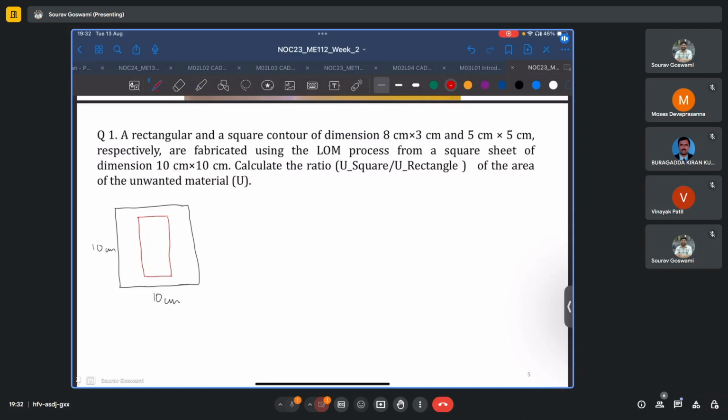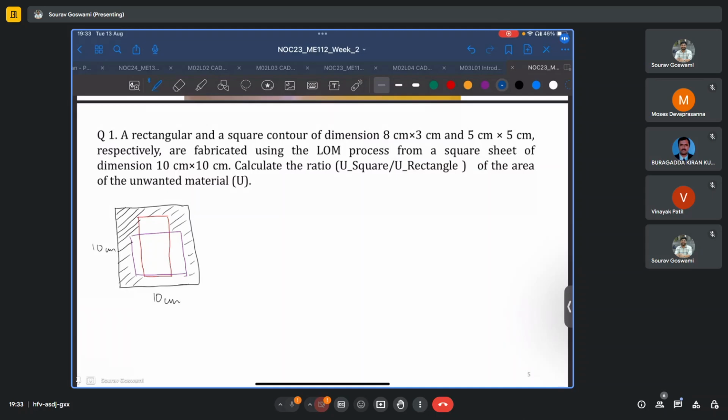In the other case, we are trying to make a square of say 5 by 5. And in each of these cases, the remaining area of the sheet will have to be eliminated. This is the unwanted region. And we are asked to find the ratio U square to U rectangle of the area of the unwanted material.